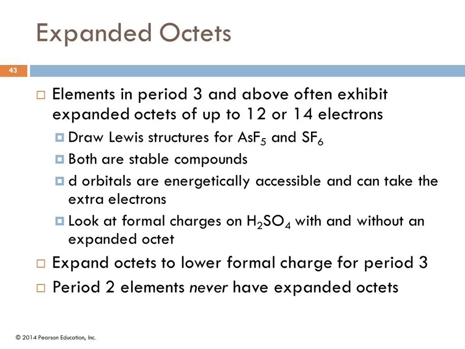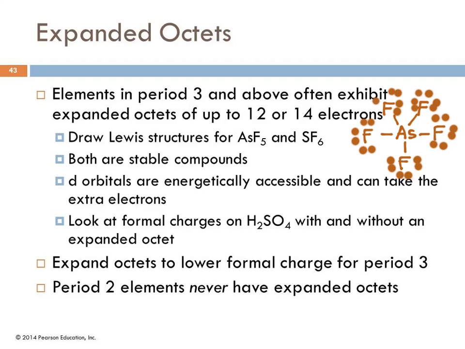So what these guys are going to do, the arsenic is going to be in the middle, and the fluorines are all going to be bonded to it. This violates rules that we have learned. I'm sorry. That's the Lewis structure for that guy.